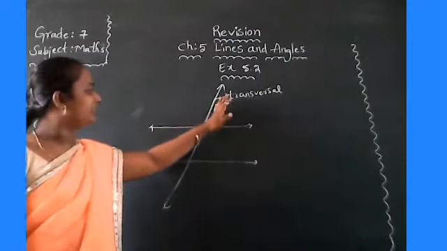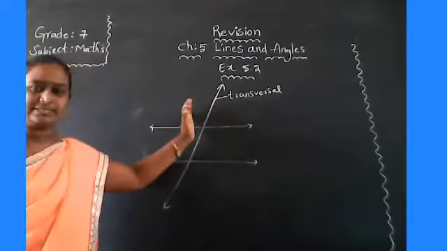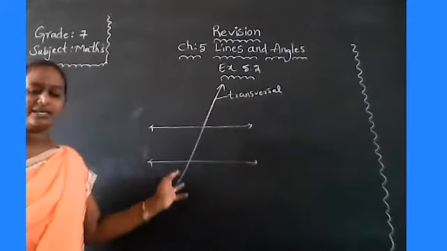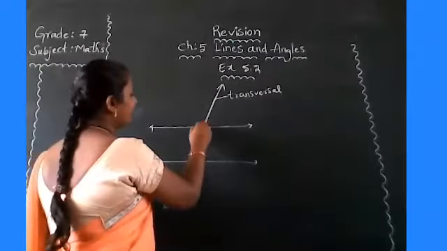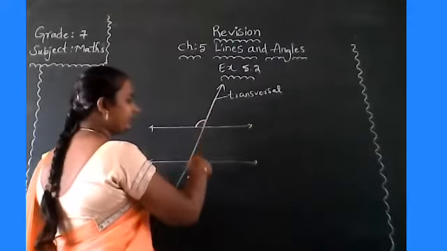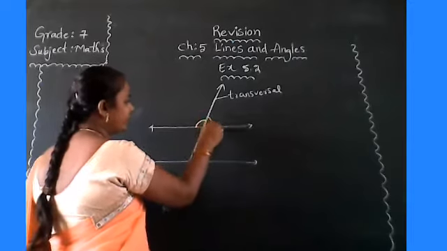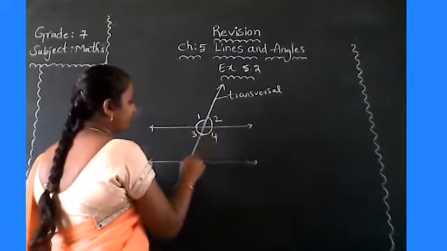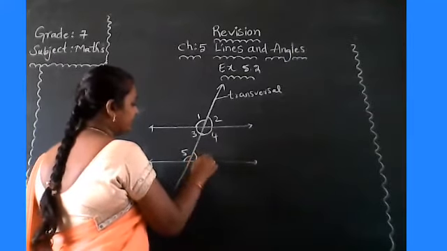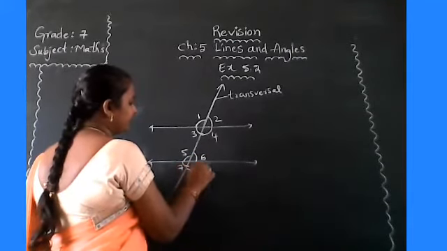Whenever the two lines are intersected, some angles are formed, or not? Yes, so here angles are formed. How many angles are formed here? So here 1, 2, 3, 4, and like that 5, 6, 7, 8.